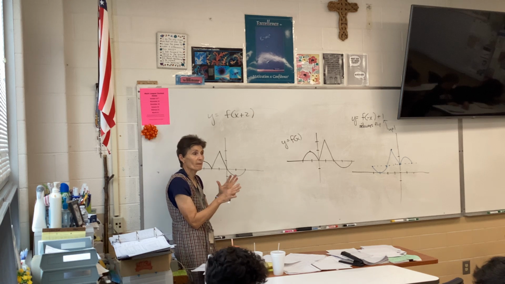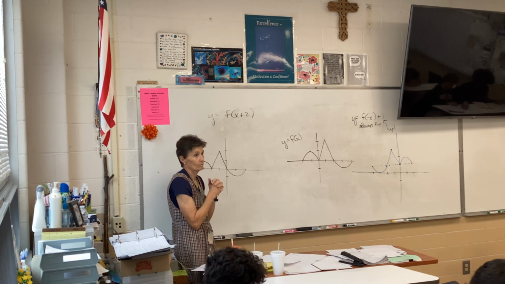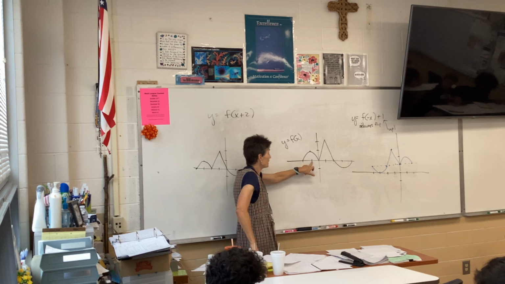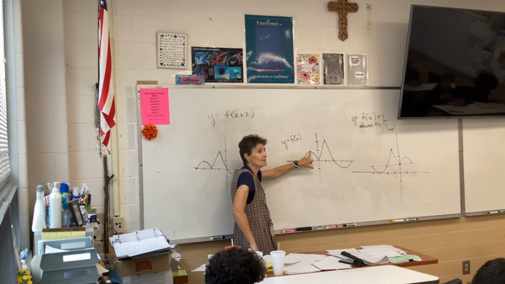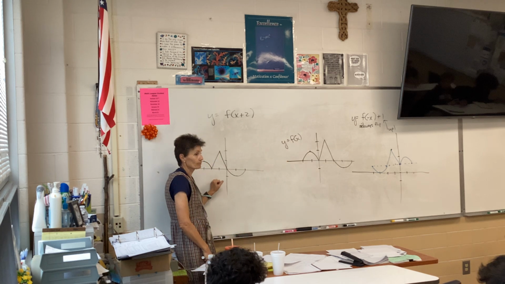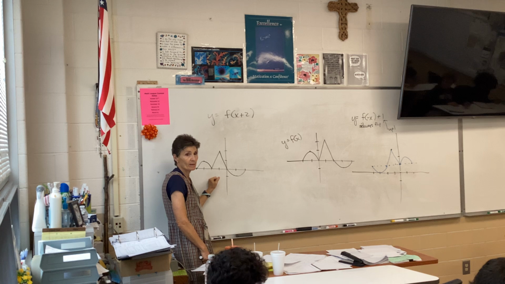You can do point by point, whatever works for you. So negative 2, 0 became negative 4, 0. Negative 1, 1 became negative 3, 1. Every x got moved over 2. Are you okay with that?